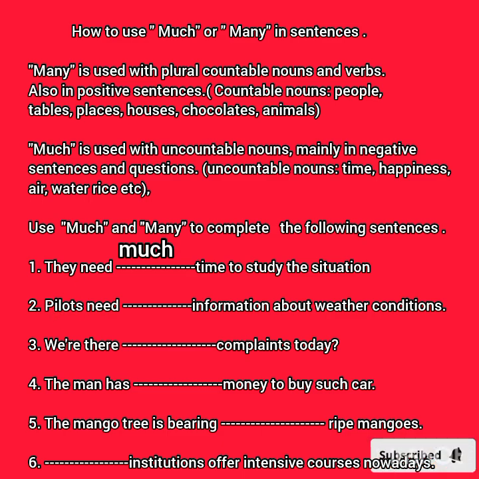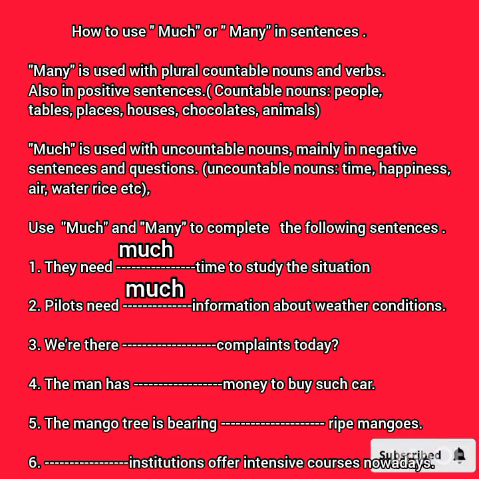Need is a verb. Dash, then information there is what? Noun. And information, can we count it? No, we cannot count it. It's an abstract noun and it's also an uncountable noun. So the correct way to put it in that sentence is: pilots need much information about weather conditions.